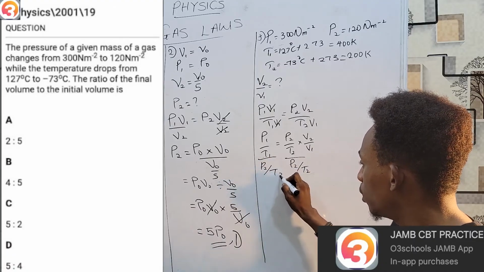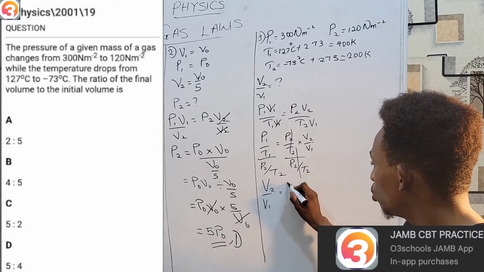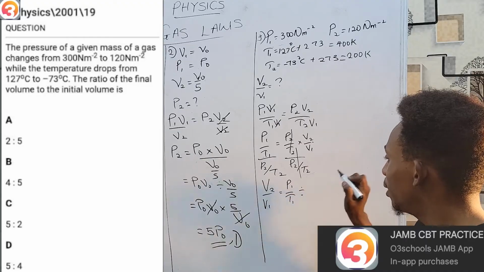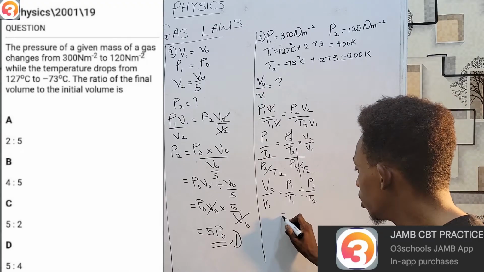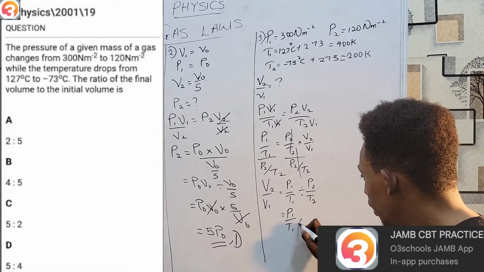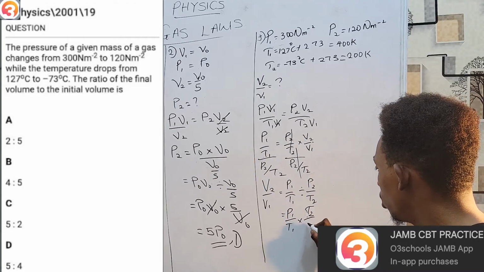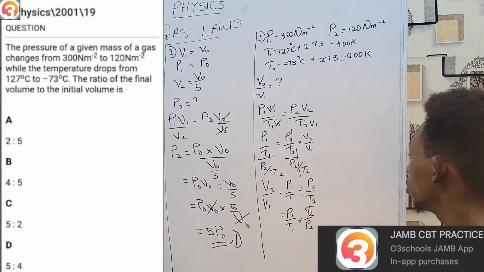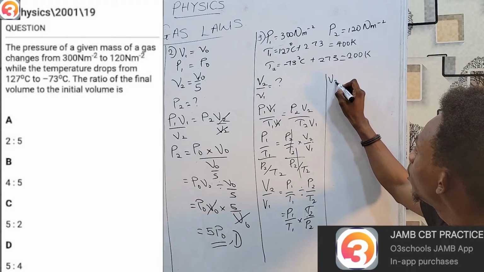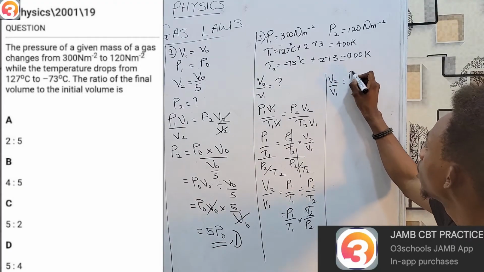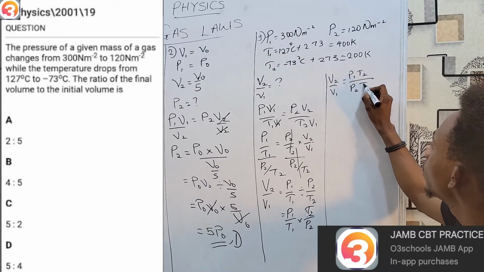So V2 over V1 equals P1 over T1 divided by P2 over T2, which will be P1 over T1 times T2 over P2. Therefore, V2 over V1 must be P1 T2 over P2 T1.